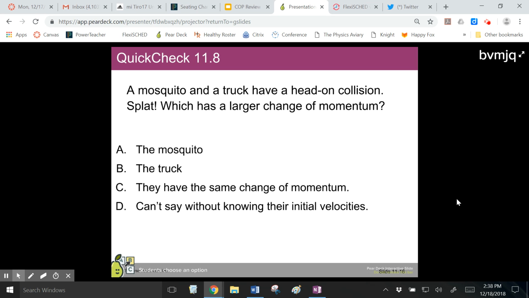Still waiting on a couple friends here. All right, initially it was really split between A and C, but now it's not. So talk to your neighbor about why that is.